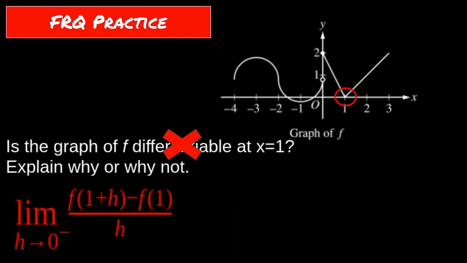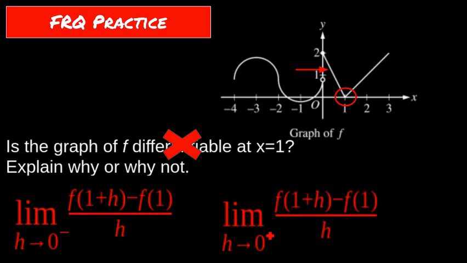So we'll look at the derivative then at x equals 1 approaching the left and the right side to explain that it's not differentiable. So as the limit as h approaches 0 from the left, also meaning that the derivative or the slope of the line on the left side of 1, which is this line here, is negative.